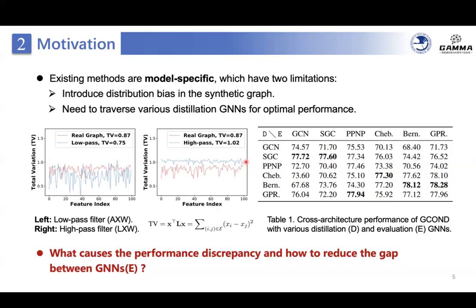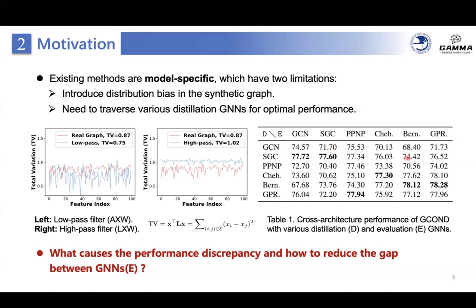And then we also evaluate the cross-architecture generalization of existing methods. Specifically, we adopt 6 distillation GNNs to distill the raw graph, and we obtain 6 corresponding synthetic graphs. And then we train each synthetic graph using these 6 different evaluation GNNs. So the D denotes the distillation GNNs and the E denotes the evaluation GNNs.